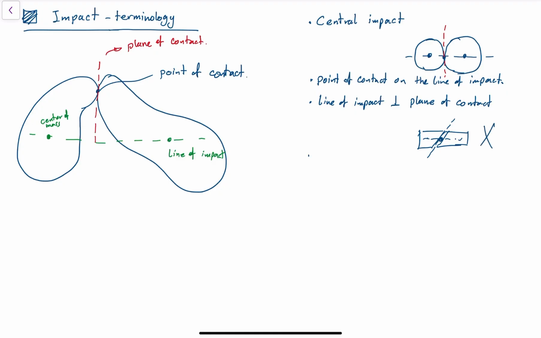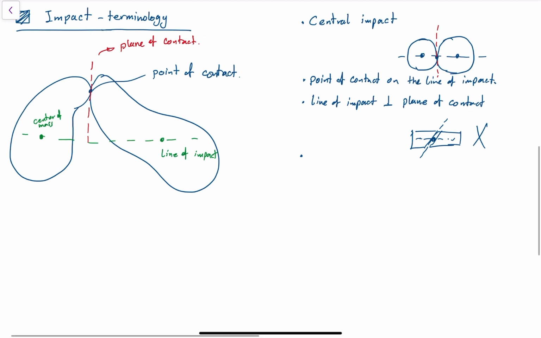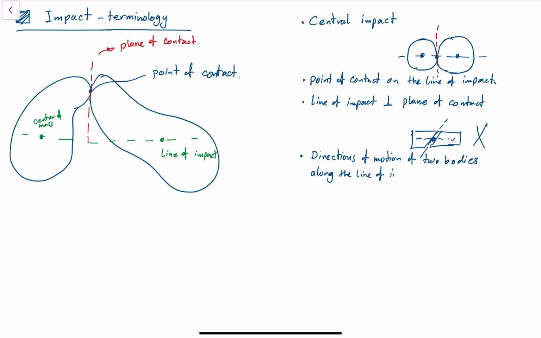And the last condition is that the directions of motion, or the velocities of two bodies, are along the line of impact.